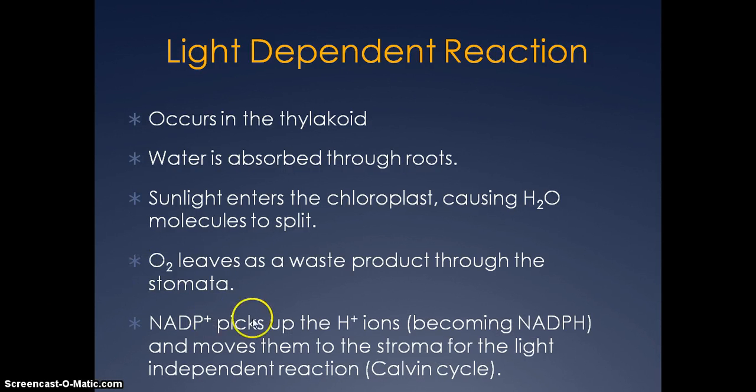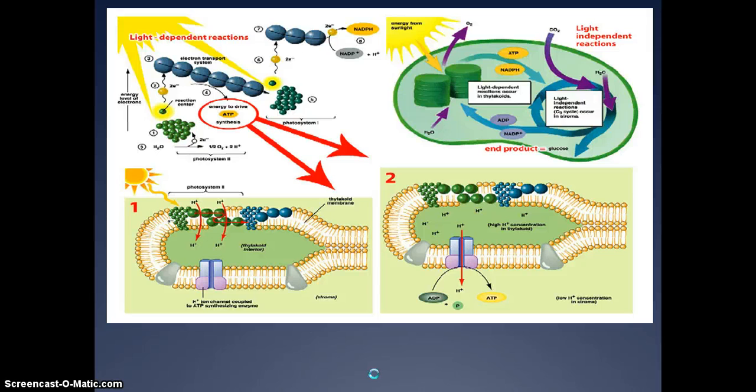And NADP plus picks up hydrogen protons, becoming NADPH, which is an important electron transport chain molecule to produce ATP. ATP is necessary to be moved into the stroma for the light independent reaction, which is also called the Calvin cycle.